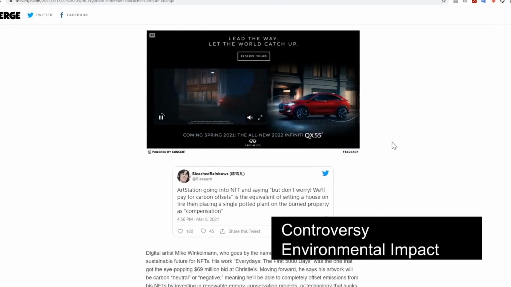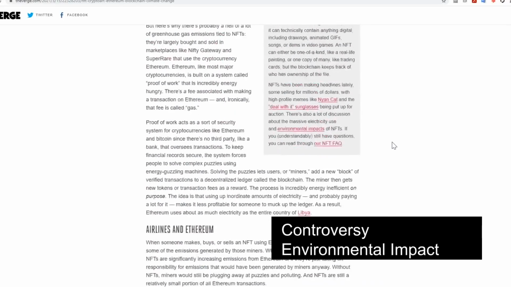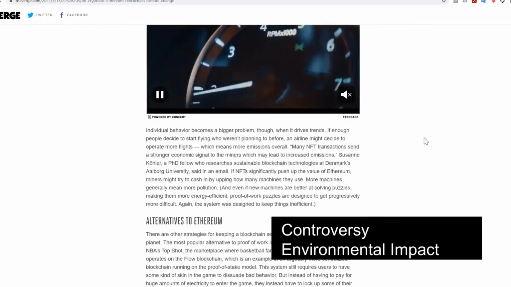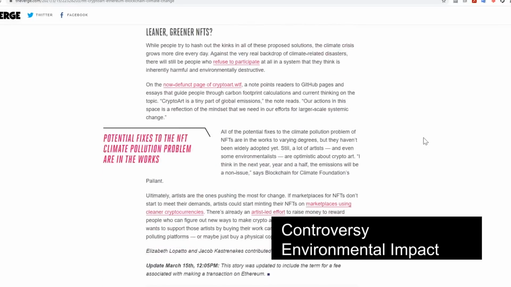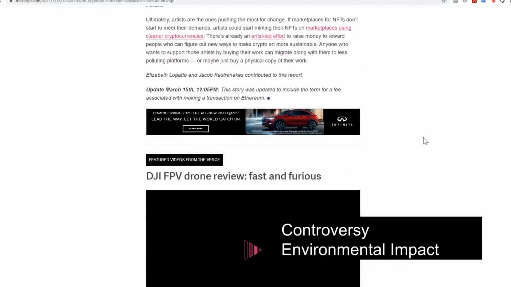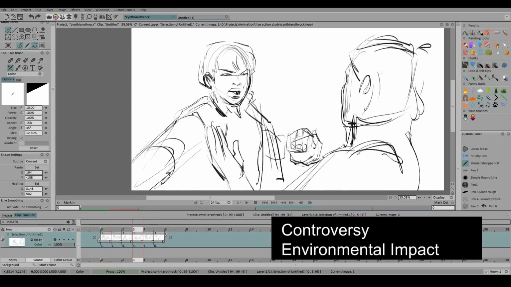And then pro crypto art people will talk about this whole concept of proof of stake. And I'm not going to talk too much about it, but it's basically another practice that's going to mandate how the blockchain works so it's more green and it doesn't eat up so much power. You can look it up more on your own. Because good lord, knowing about these blockchains, these systems, and understanding how they work, and then understanding what these new concepts are, they're a headache.